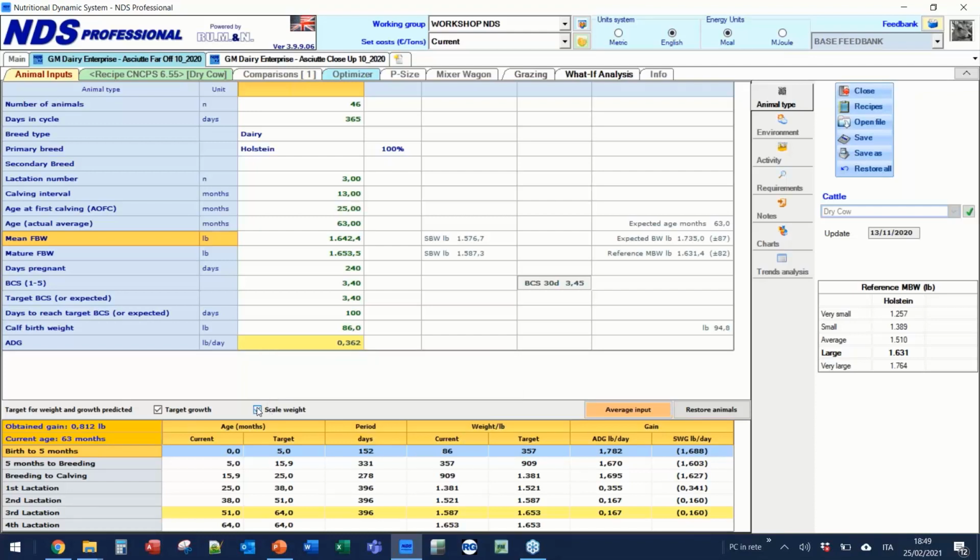So the measurement of the body weight should be considered before inputting this value.